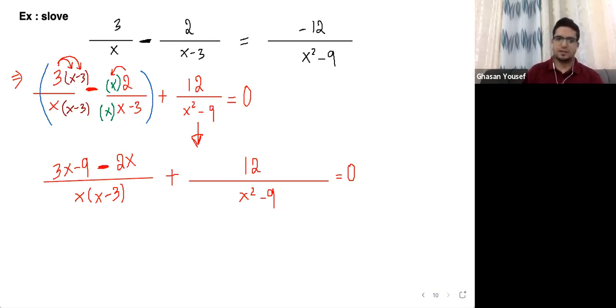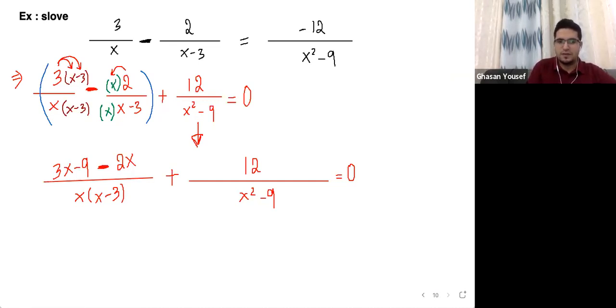Now 3x minus 9 minus 2x, this one here. Yeah, Laila said we can factor x squared minus 9 as x minus 3 times x plus 3. This is correct. We're going to use it in the least common denominator after this step.